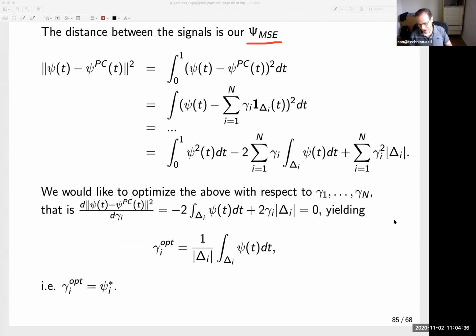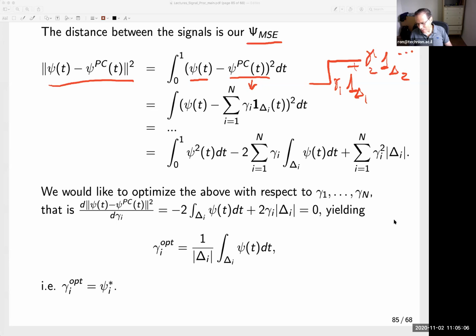Why? Because this is by definition the difference between my original signal and the piecewise constant approximation of the signal, which can be written as my gamma 1 times the indicator of delta 1, and then gamma 2 times the indicator of delta 2, etc., etc. So this is how I approximate my signal.